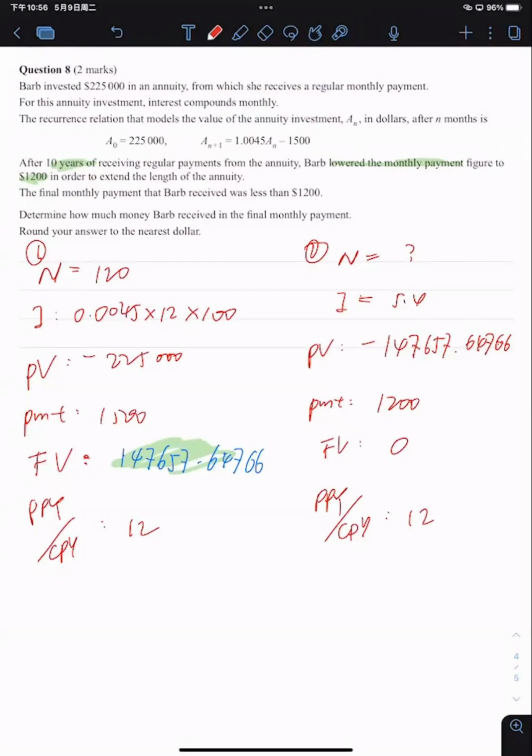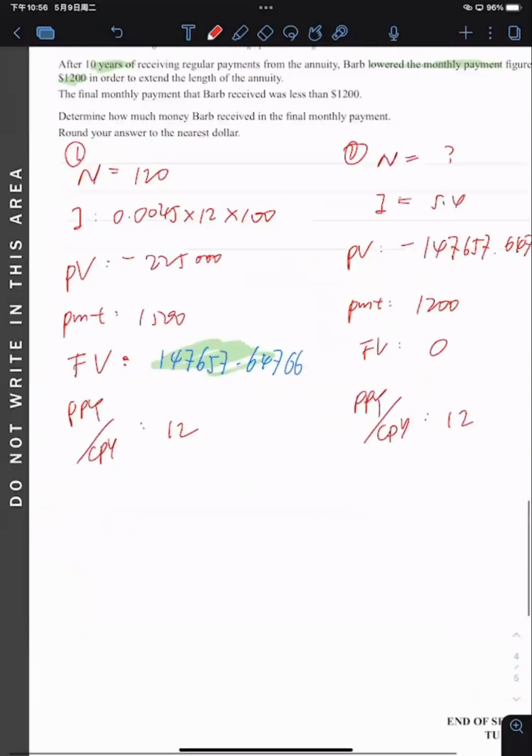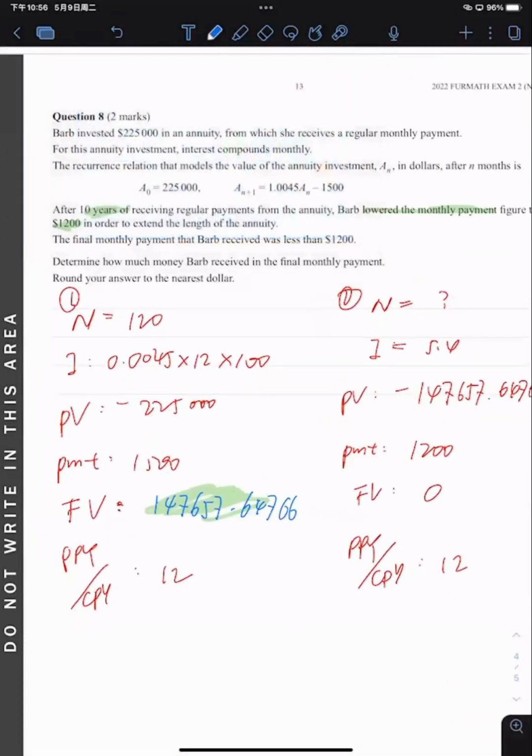So type in these things. Just change or redo your numbers in your financial solver. And then put your light bar on the N and press enter. You're going to get $179 point something. 179 point something.